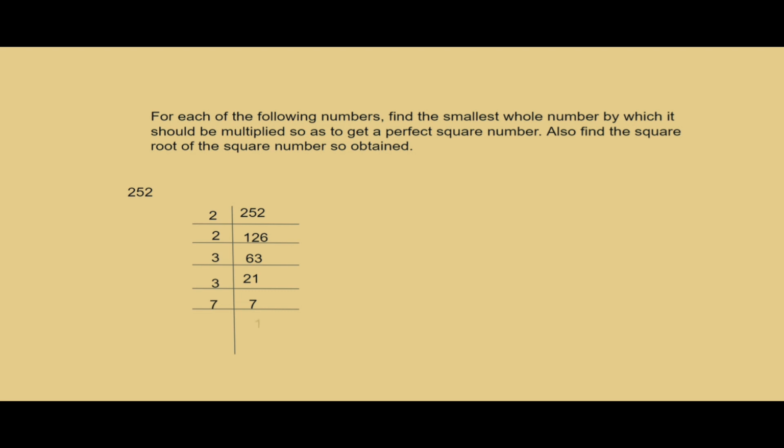So, dividing 7 by 7, we get 1. Now, the prime factors of 252 are 2 multiplied by 2 multiplied by 3 multiplied by 3 and multiplied by 7.